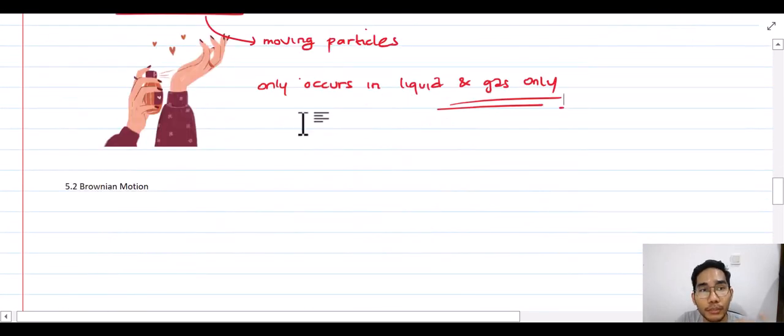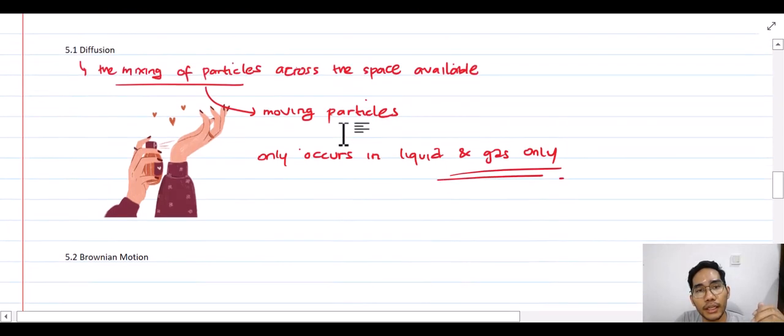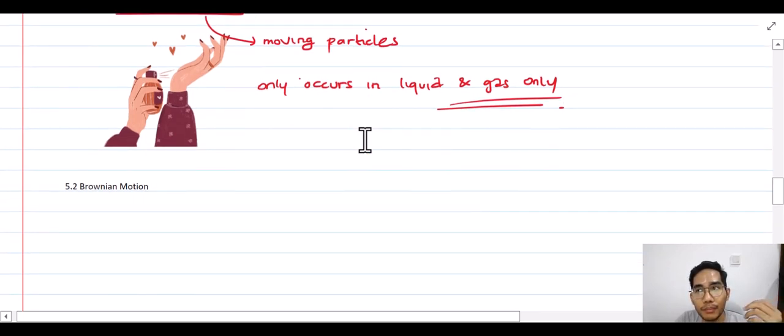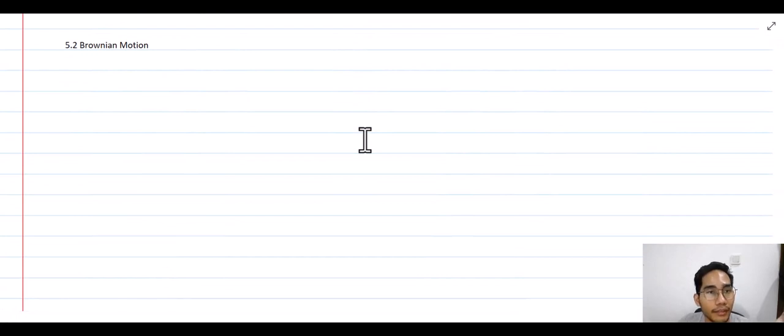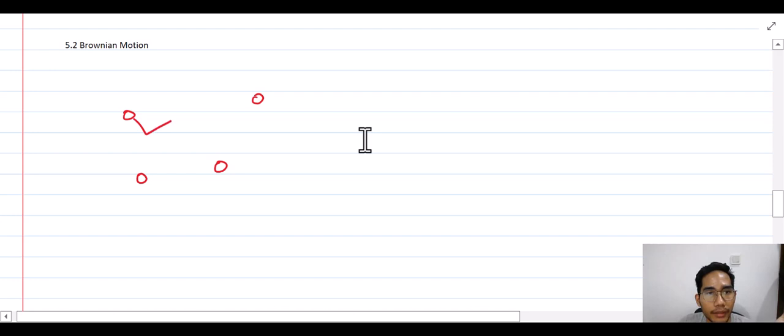Now let's continue on with the Brownian motion. So as I said before, particles in liquid and gas are moving. All right. So the motion that is able to be seen by microscope will look like this. The particles of, for example, pollen under the microscope will be like this.